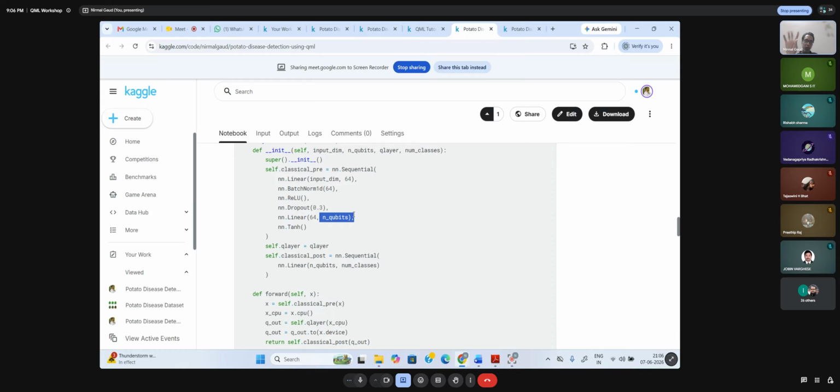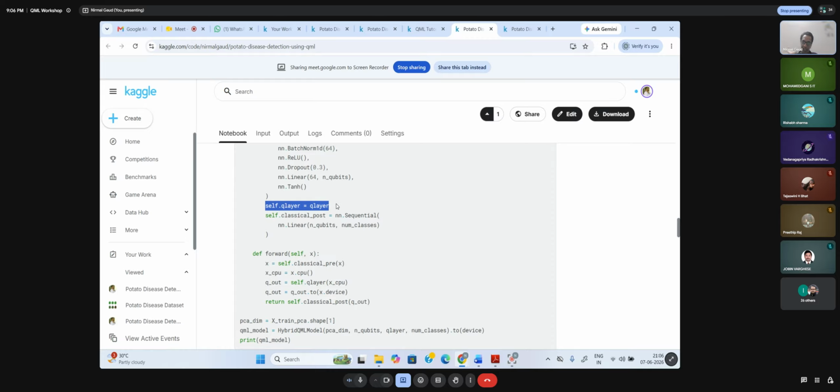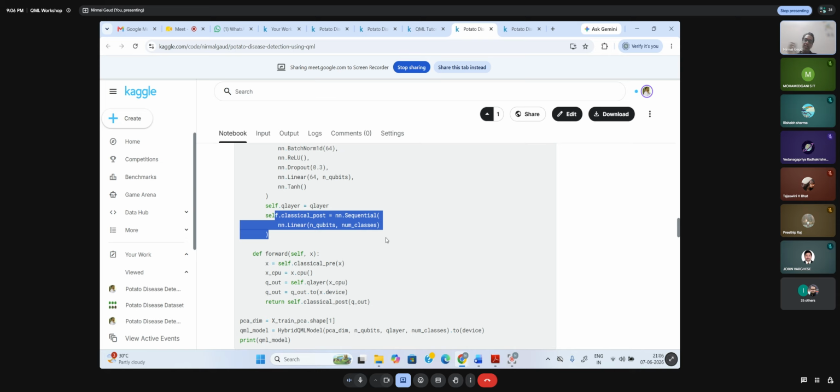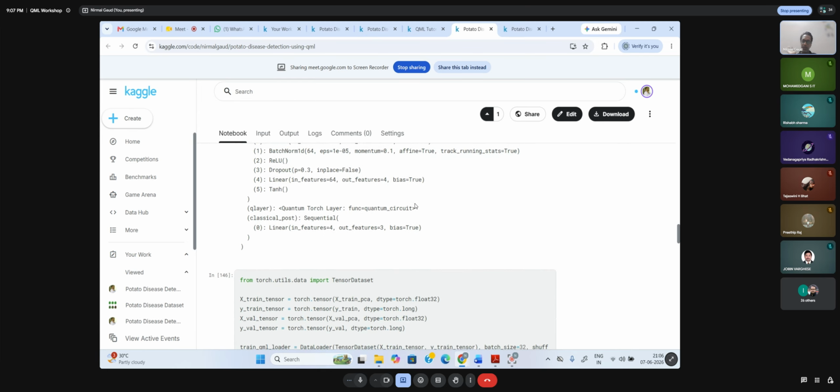It will give me the output of 4 qubits, because this will be given as input to the quantum circuit. After the quantum circuit, we take the output from the quantum circuit and pass it to the linear layer to get the final classification. That's why it's called a hybrid architecture. First is your classical, then your quantum, and at the end again classical, to do the classification. There are three classes present. So we have merged the quantum circuit in between deep learning layers. That is what we have done. This is hybrid in nature.